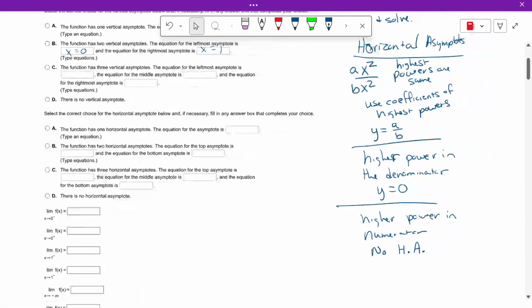So you got to remember those 3 things. If the powers are the same, use the coefficients. If the higher power is in the denominator, the horizontal asymptote is y equals 0, the x-axis. If the higher power is in the numerator, then we don't have a horizontal asymptote. We might have a slant asymptote, but we don't have a horizontal asymptote.